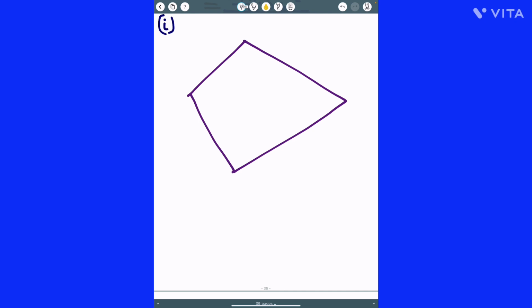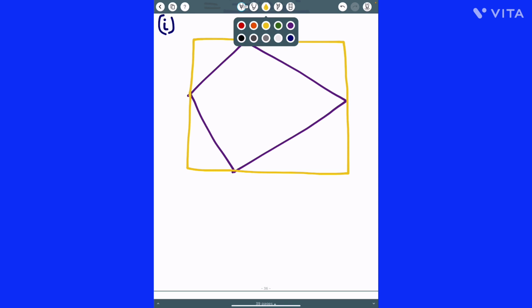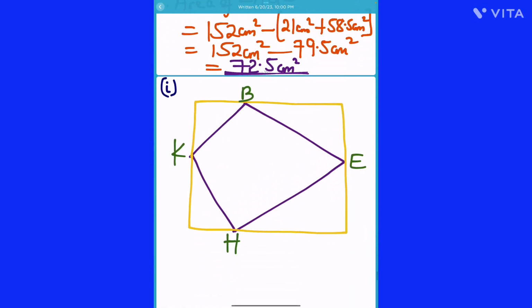Don't forget, we said it was part of a big rectangle. I think I made that neat enough. So let me put my labels. I need this area in the middle.